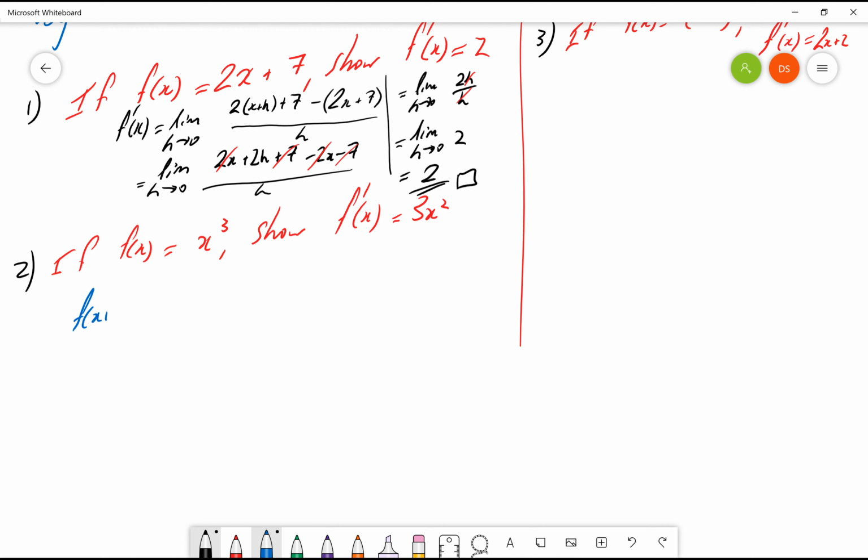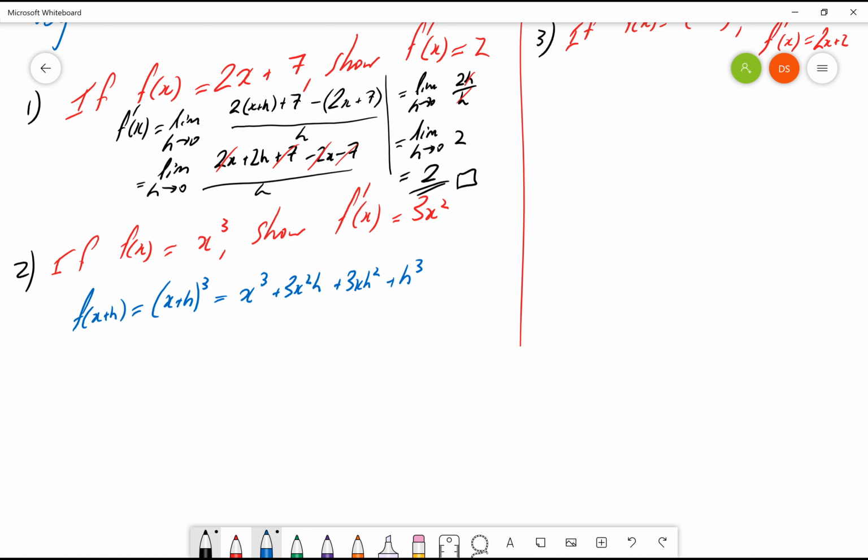f of x plus h is going to be x plus h all cubed, and I'm just going to expand that to save me some time. x cubed plus 3x squared h plus 3x h squared plus h cubed. Why I write it like this, I feel as though there's some cool stuff that I'm about to do.